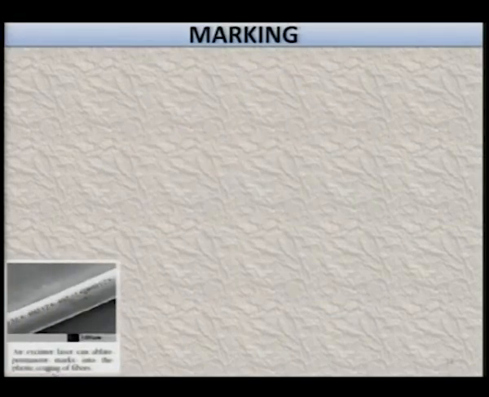Now, here are certain examples of marking. You can see excimer laser can ablate permanent marks into the plastic coating of fibers. Here is the plastic coating of fibers, and you can clearly see how nicely the letters have been put on that particular fiber.